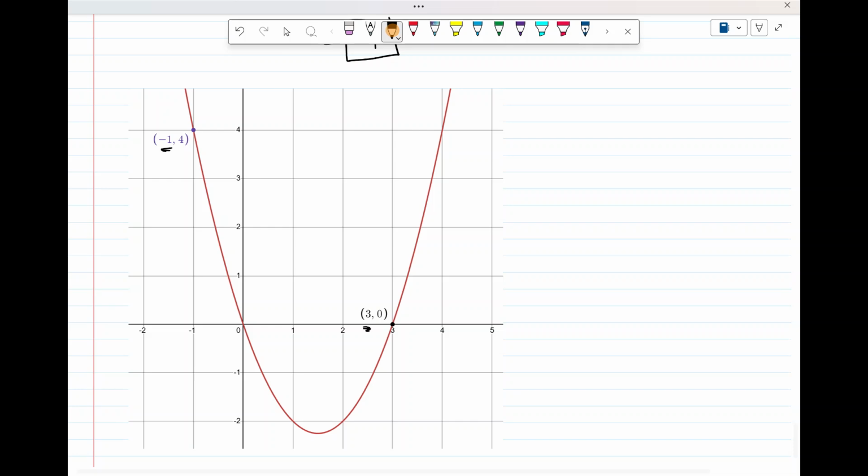What if I connected, instead of going the long way around, dipping all the way down and coming back up in a U, what if I drew a straight line in between these 2 points? And I'll try to make it actually straight this time.